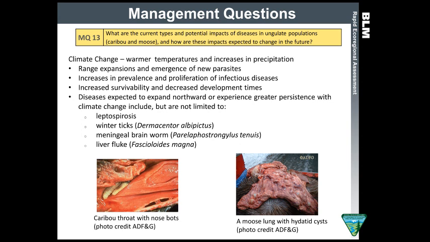We may see increases in prevalence and proliferation of infectious diseases. It can result in increased survivability and decreased development times for a lot of these parasites. The diseases expected to expand northward or experience greater persistence with climate change include, but are not limited to, leptospirosis, which is a bacterial infection, winter ticks, meningeal brain worm, and liver fluke.